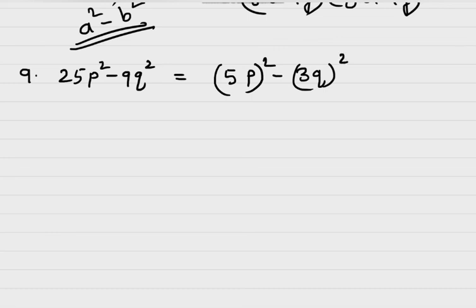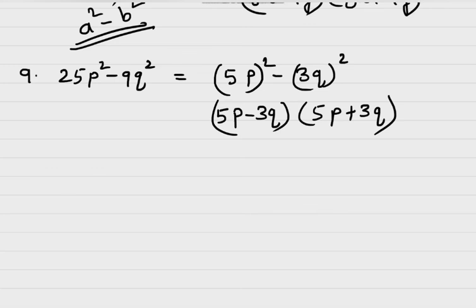So 5p whole square minus 3q whole square, again a square minus b square. So a minus b into a plus b. So a minus b is 5p minus 3q and a plus b is 5p plus 3q. So 25p square minus 9q square is 5p minus 3q into 5p plus 3q.